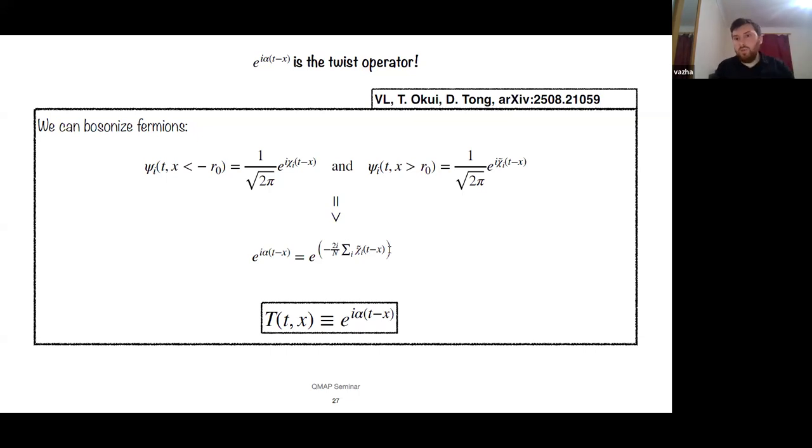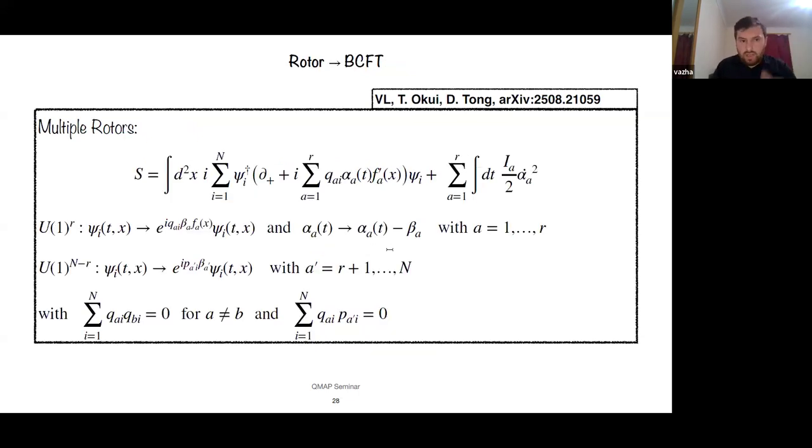I can give you more evidence. What we have also done is generalize this system. Before, I had n fermions coupled with one rotor. Now I can have n fermions coupled with r rotors, where r is less than n. What I will get is a system that has the following symmetry. I have U1r, under which the rotor transforms, as well as the fermions transform non-trivially, in the sense that incoming and outgoing fermions have different sign charges.